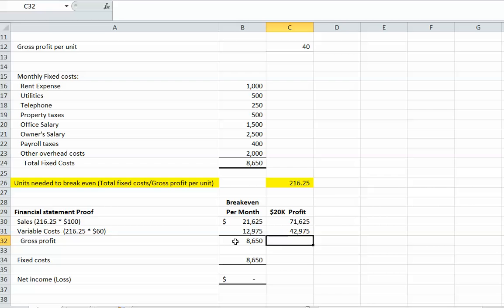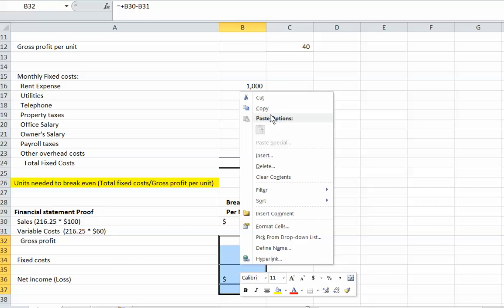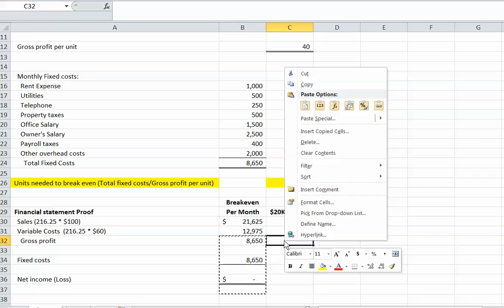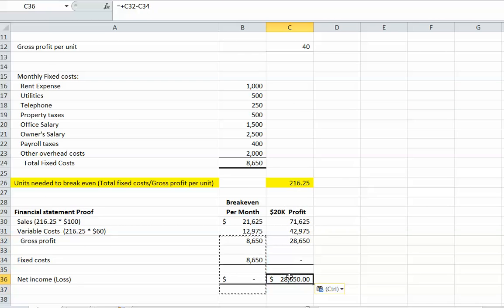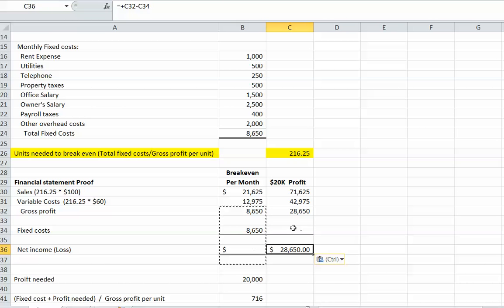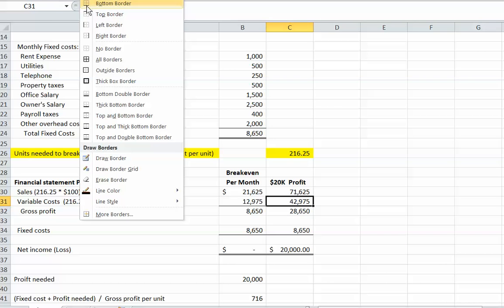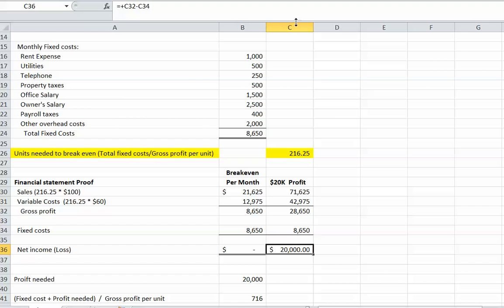And we're just going to copy these because they're going to be the same. It's going to be a formula. Look at that. There you go. All right, and let's just move this, make it look the same. See how easy that is.